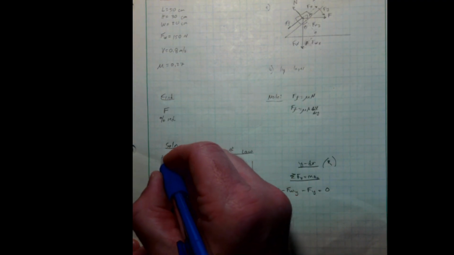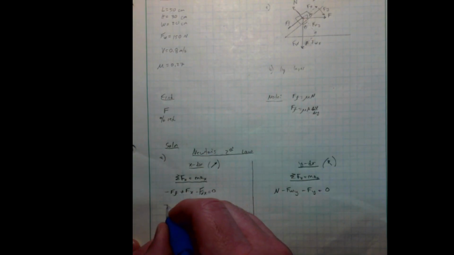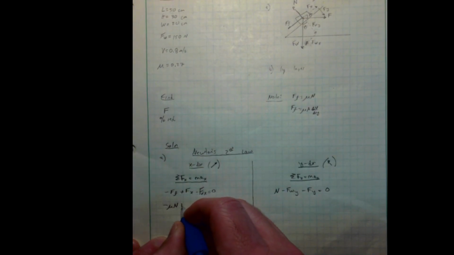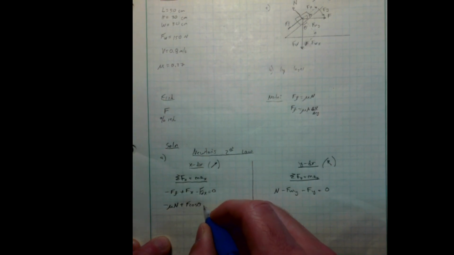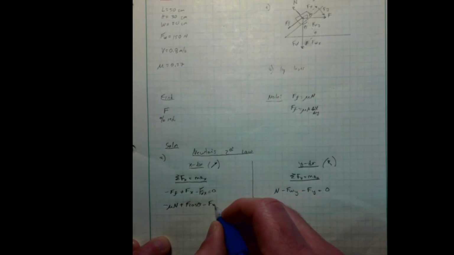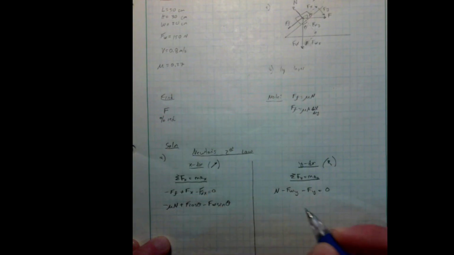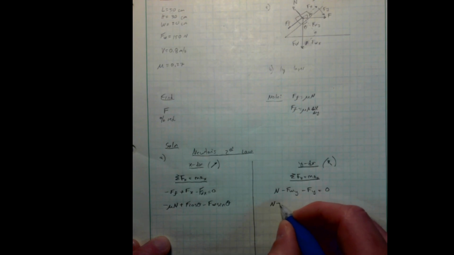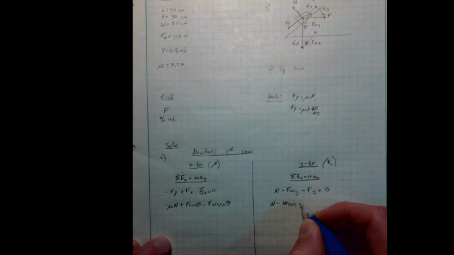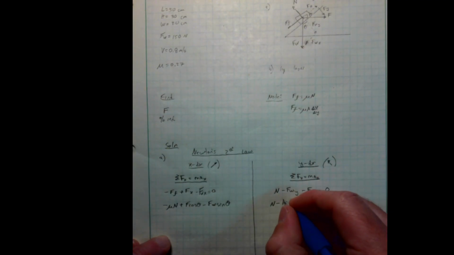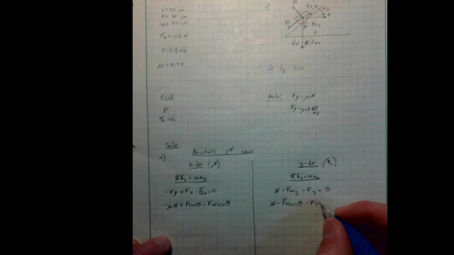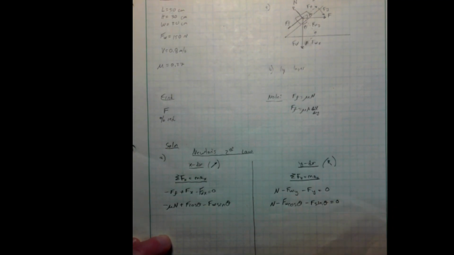So part A, I can put part A right here: minus mu N plus F cosine theta minus FW sine theta. Over here we have the normal minus FW cosine theta minus F sine theta equals 0.